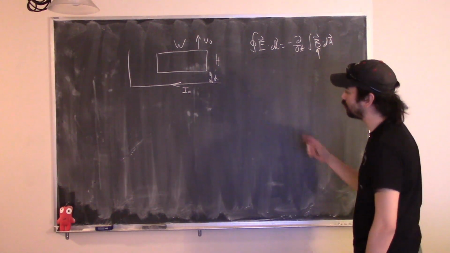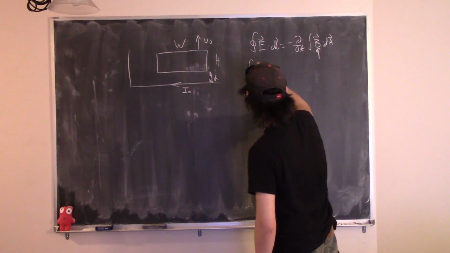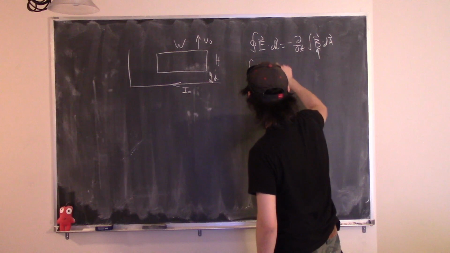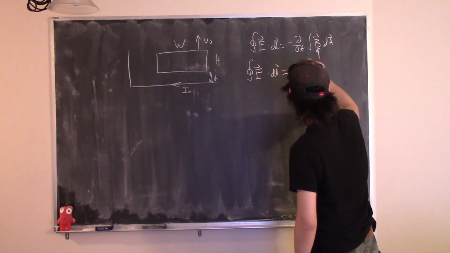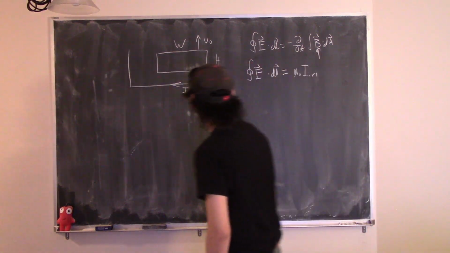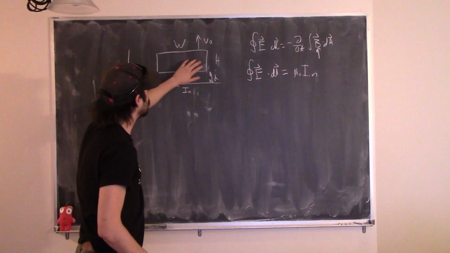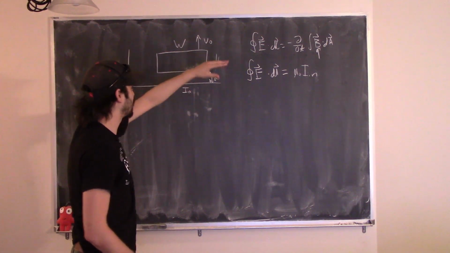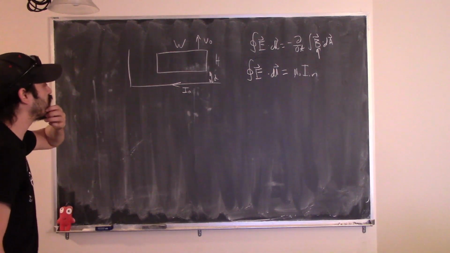And so in order to do that, what we're going to do is apply Ampere's law. So Ampere's law says the integral of E dot dl is going to be equal to mu naught times I in. And the reason why I'm doing that is we want to find the flux that passes through this loop, the magnetic flux that passes through this loop. But in order to do that, we need to know what the magnetic field is.